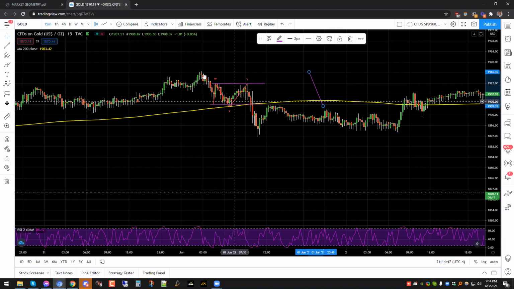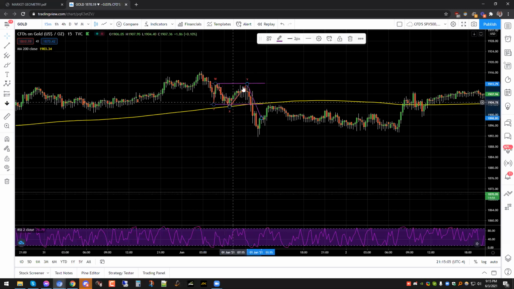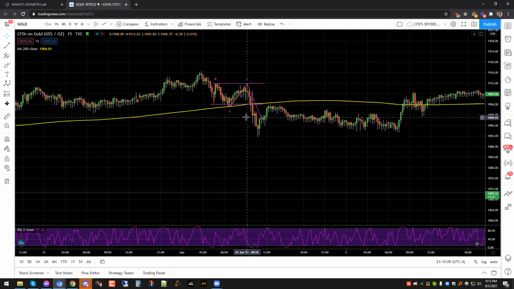Once we get the next wave to the upside, we will expect this A wave to come again to create the C wave. Now, if we use measured moves by measuring the A wave and projecting that measurement over at the end of the three-wave correction, we can have an idea where the C wave will end, right?